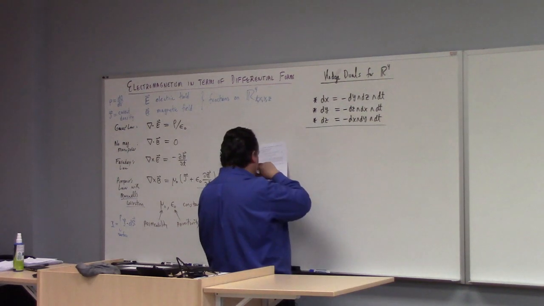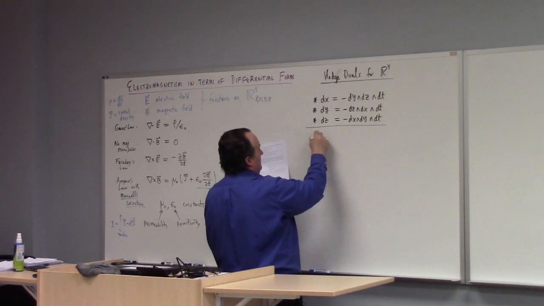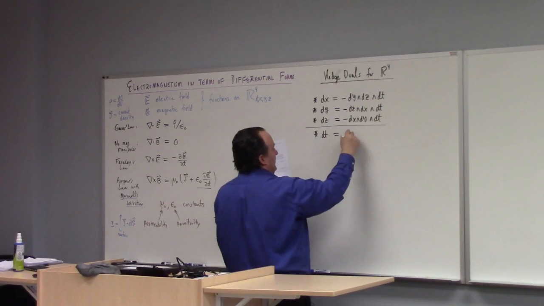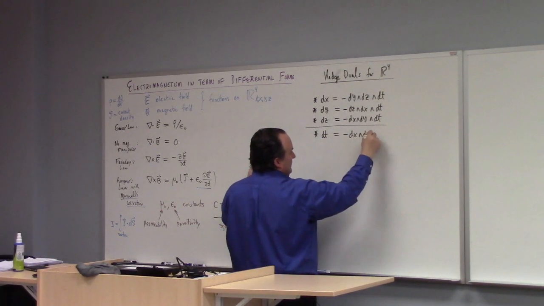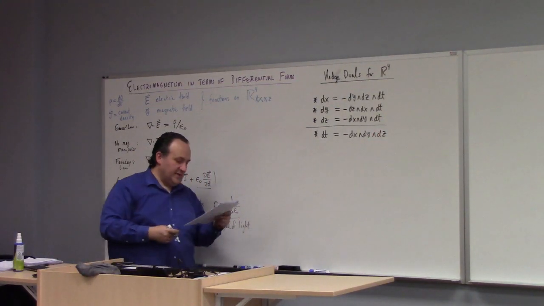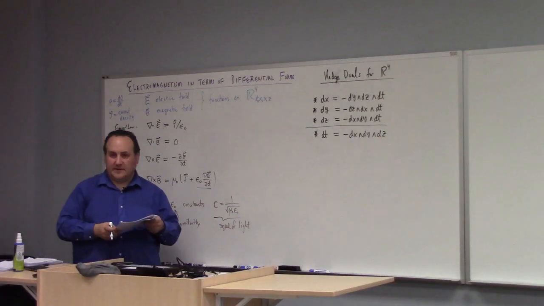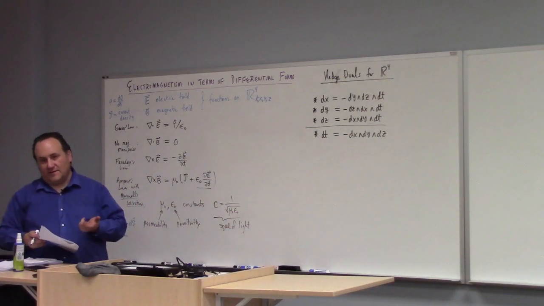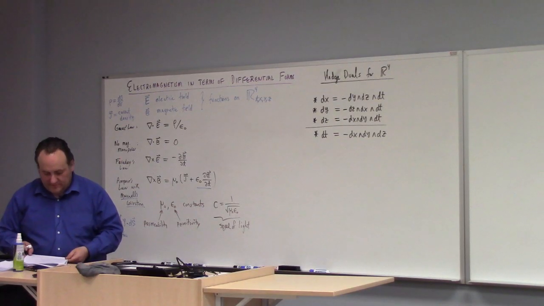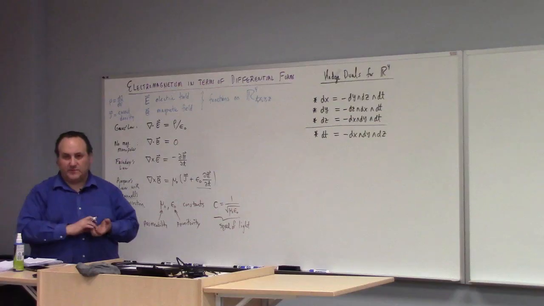And let's see here. What else? The Hodge dual of dt is equal to minus dx wedge dy wedge dz. I'm using the conventions that are in chapter 9 of my notes, all right? Which, as I have told you, are off by a sign relative to Renteln's conventions. I think his Hodge dual is minus my Hodge dual.